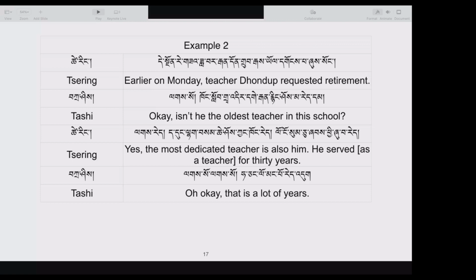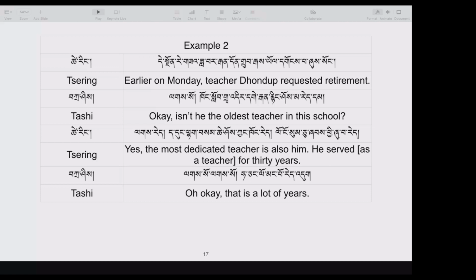Lere. Tadung hasam cheshe kyan kongre. Longo sumchu shevchi shuare. Yes, the most dedicated teacher is also him. He served as a teacher for 30 years.